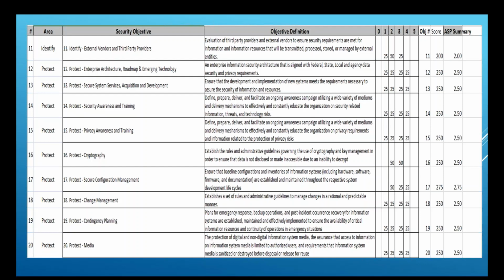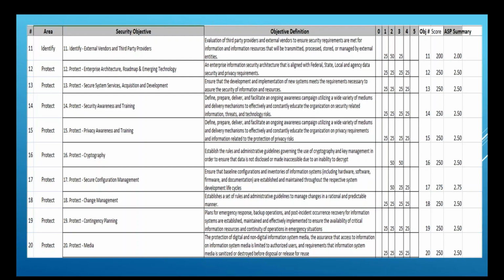And again, as you can tell, once we get into the protect phase, we're starting to get into a little more technical terminology. So in this case, secure configuration management. Do we have baselines and inventories of our hardware and software? Well, yes, we talked about inventorying that. But do we also inventory how they're configured?